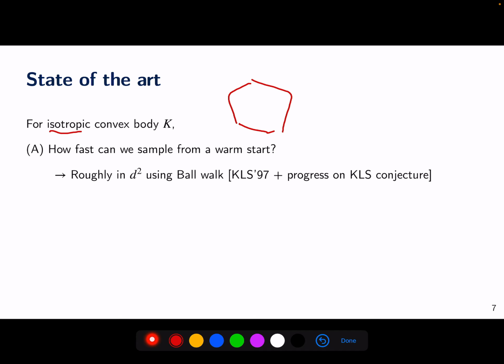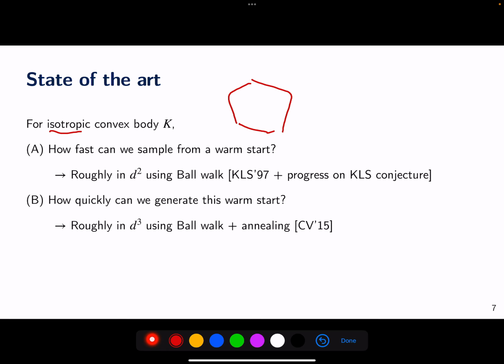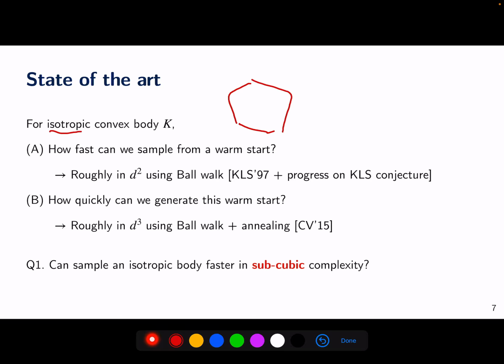And thanks to a lot of nice progress on the KLS conjecture, the best-known complexity is now d squared from a warm start. For the second question, warm start generation, it is known that d cubed queries are needed through the ball walk to generate this warm start. This was done by Cousins-Vempala almost 10 years ago.